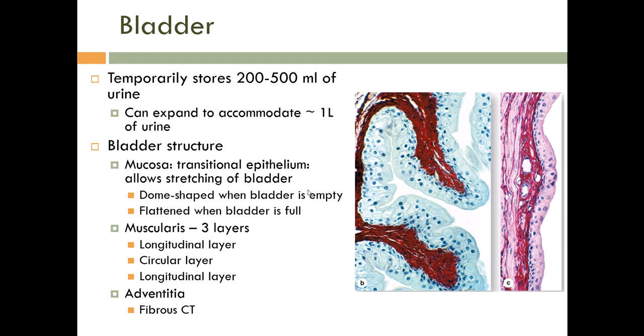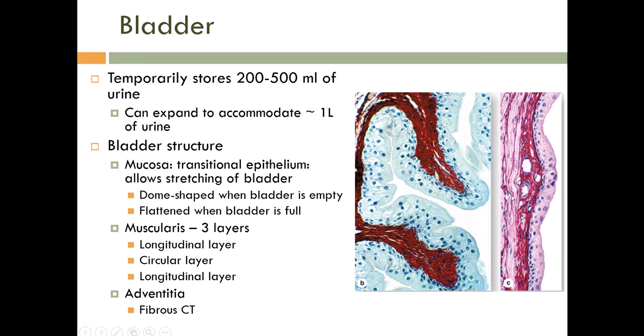And the reason it is able to do so is because of the mucosa of transitional epithelium, and also because it has lots of folds, what we call rugae. When the bladder is empty, you'll have lots of folds in the mucosa of the bladder, and the transitional epithelium will look big and bulbous and squishy.